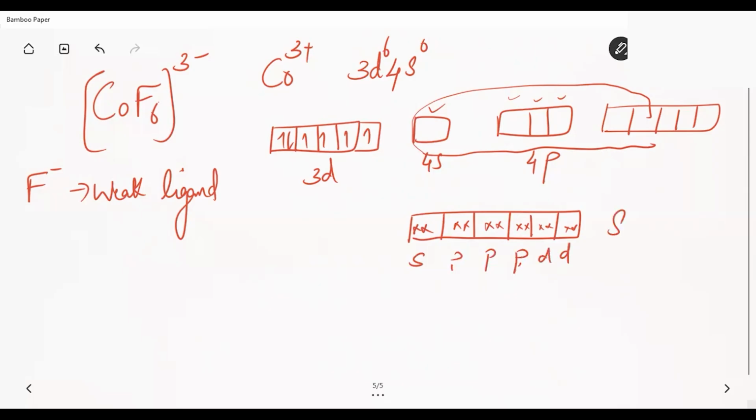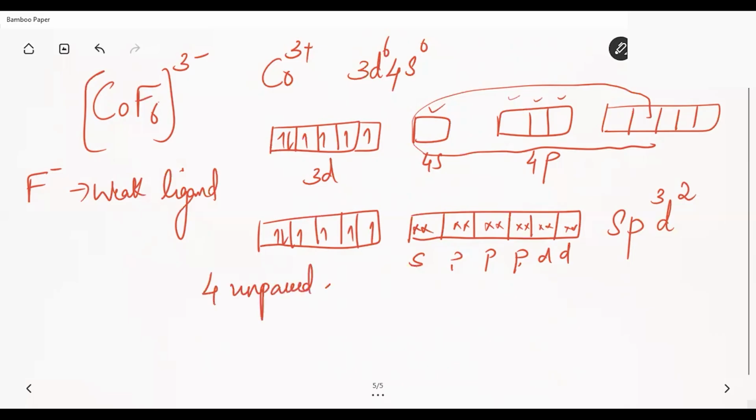So the hybridization is sp3d2. You can see the two inner d orbitals did not participate at all, and there are 4 unpaired electrons, so it is strongly paramagnetic.